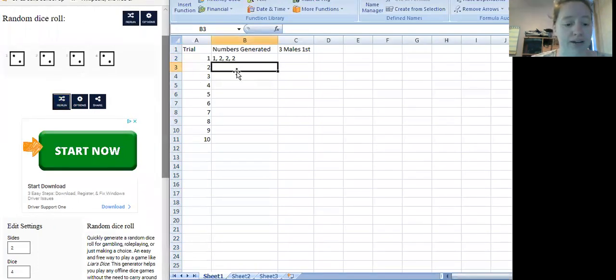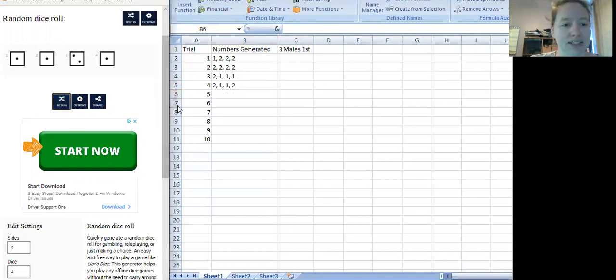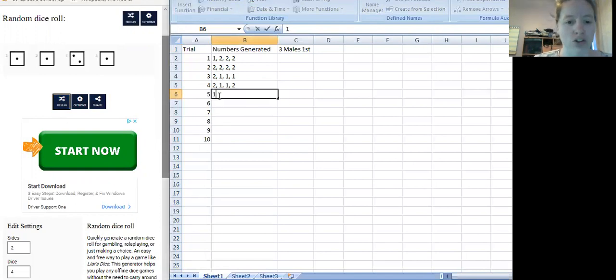This time I have all girls. So nope, didn't happen. Let's try it again. This time I start with a girl, and then I have 3 boys. So nope. This time I start with a girl, I have 2 boys, and I end with a girl. This time I have 2 boys, then a girl, and then another boy.